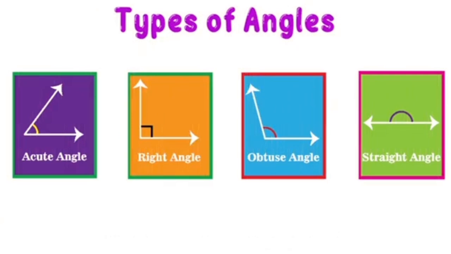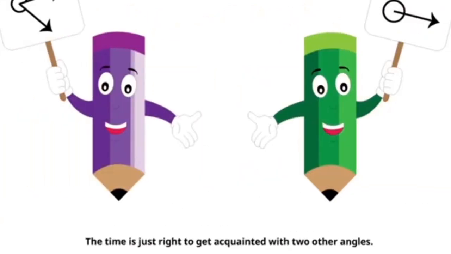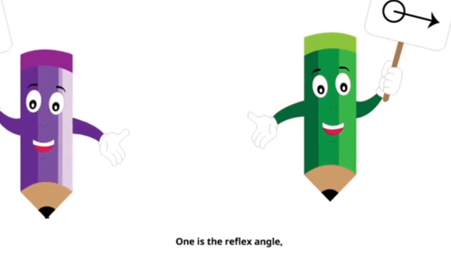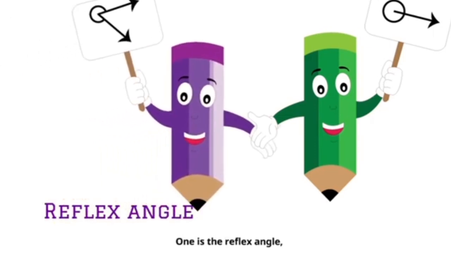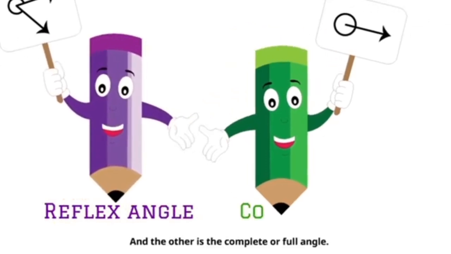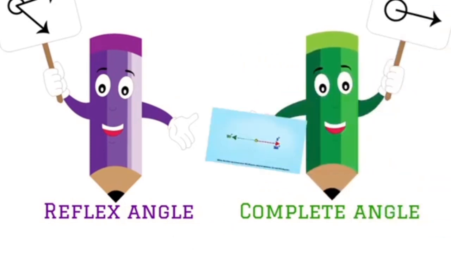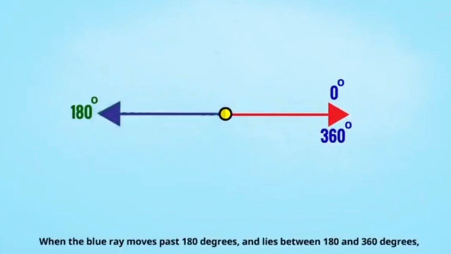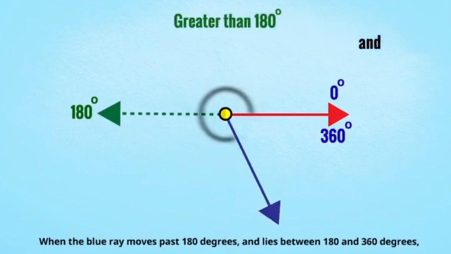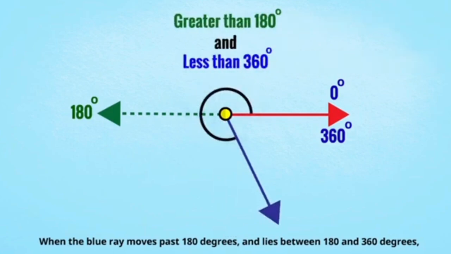The time is just right to get acquainted with two other angles. One is the reflex angle and another is the complete or full angle. When the blue ray moves past 180 degrees and lies between 180 and 360 degrees, the angle formed is called a reflex angle.